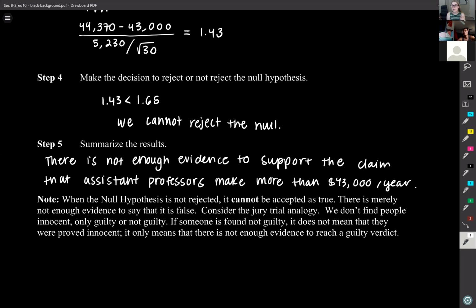That's all that means. If we were able to reject the null hypothesis, it would just be there was enough evidence to support the claim that assistant professors make more than 43,000.